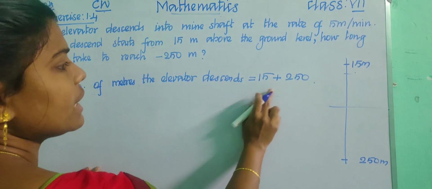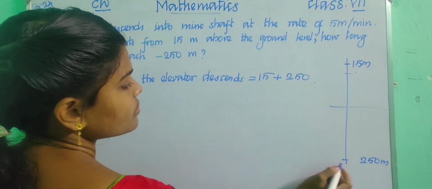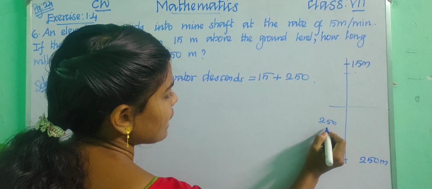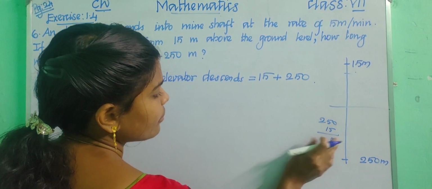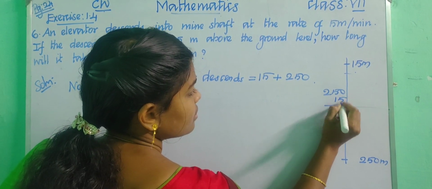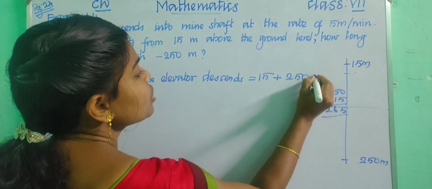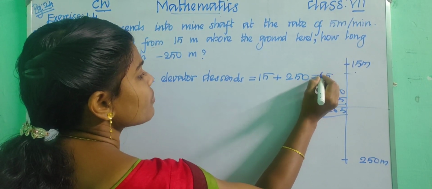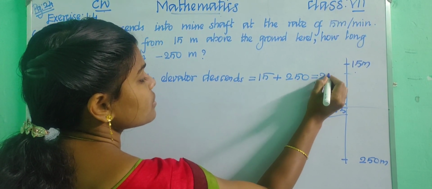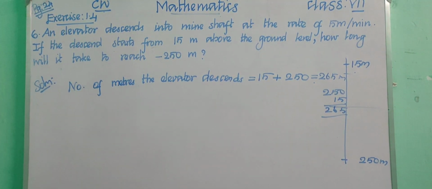Okay, children, 15 plus 250. So what will you get? Let us add 250 and 15. So 5, 6 and 2. Okay, so totally 265 meter. So totally the elevator descends 265 meter.